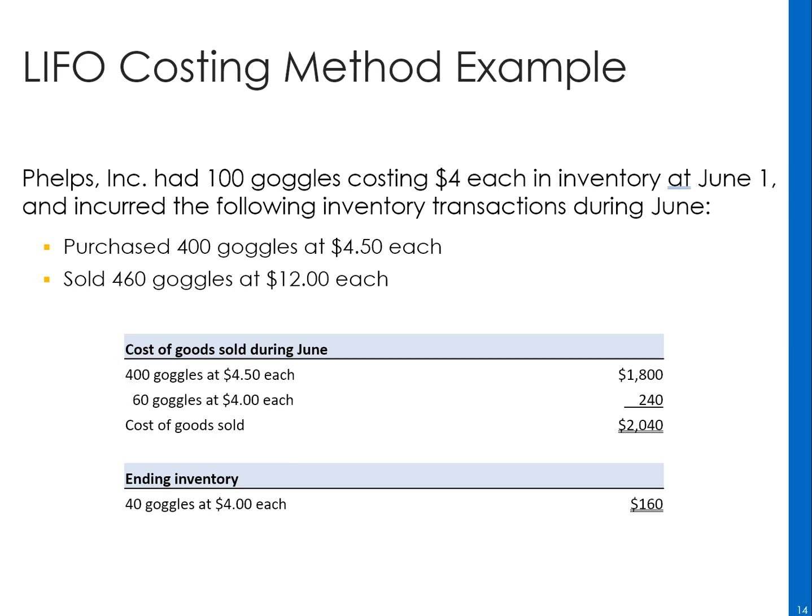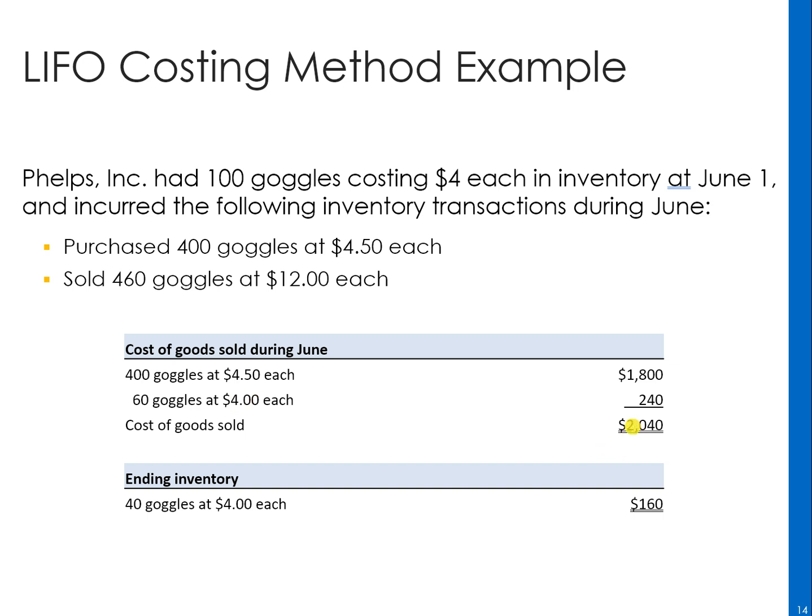If we understand FIFO, then LIFO is the opposite. When we sell 460, we assign last in first. So the cost that came in last will be assigned to cost of goods sold first. The new cost, or the $4.50, will be assigned to cost of goods sold. Not enough. We need another 60 units at $4.